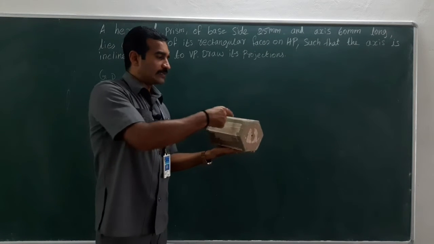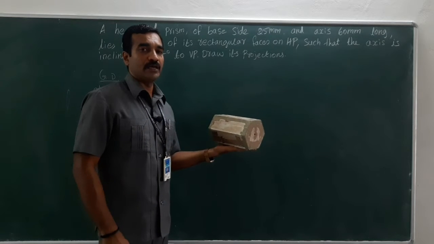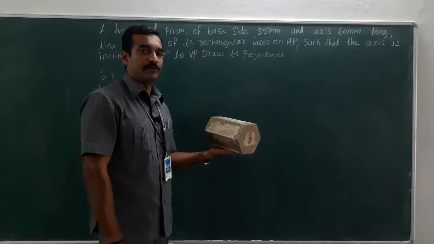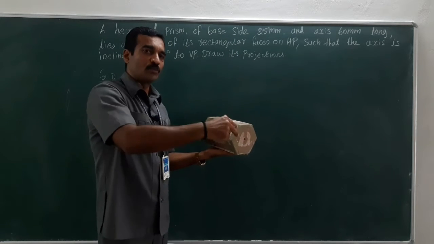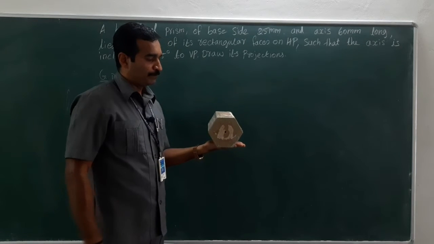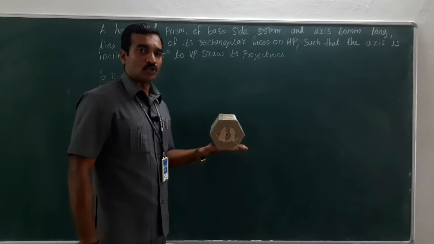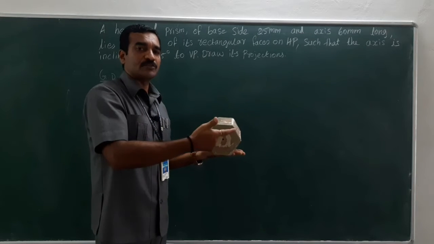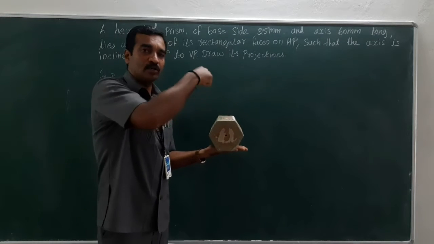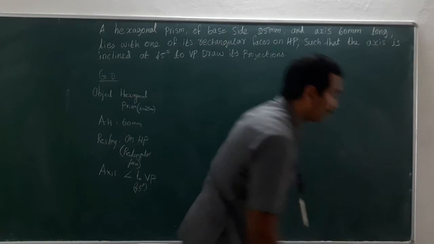If it is inclined, you cannot draw the true shape from the top view, front view or side view. So the axis should be kept perpendicular to one of the planes. Suppose I tilt it in this manner. Now the axis is perpendicular to VP and parallel to HP. Where the axis is perpendicular, there you will see the true shape. Now the axis is perpendicular to VP, therefore the first drawing should be drawn on VP.